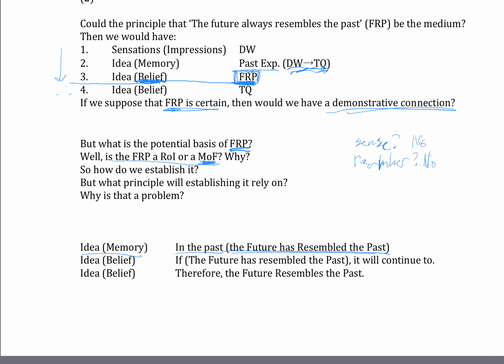So it's a fact about what has been the case in the past and how this is related to the future. So to establish it, in part, we do need to look to past experience.